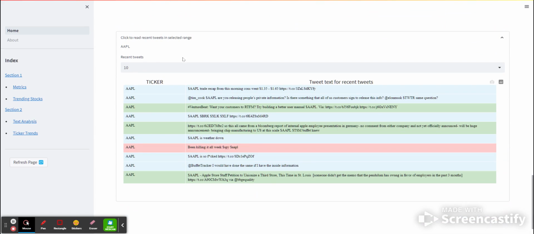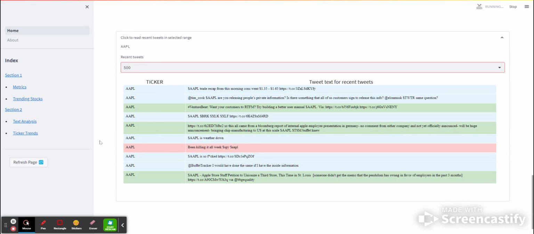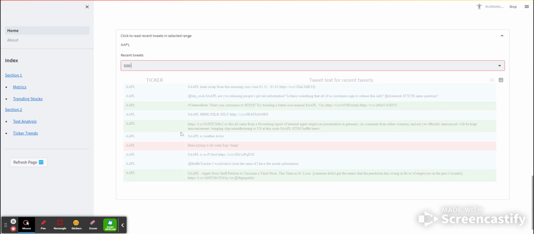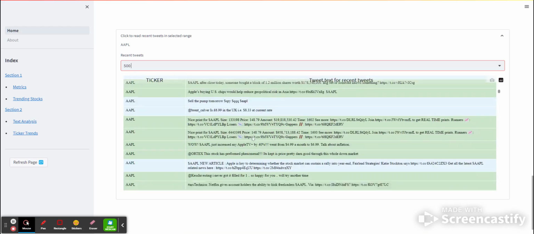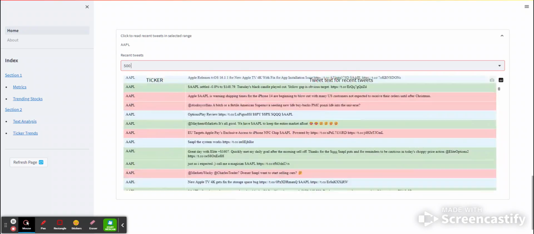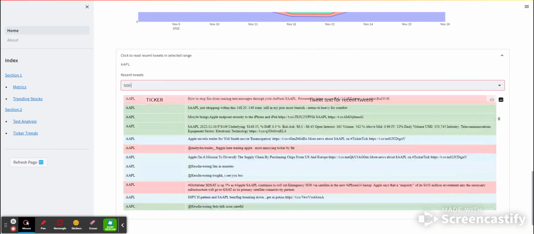And we have the information also. We can get up to the top 500 tweets. And there you go. We have all the top 500 tweets here for Apple. So you can look at them and understand any patterns, what were the positive, what were the negative.